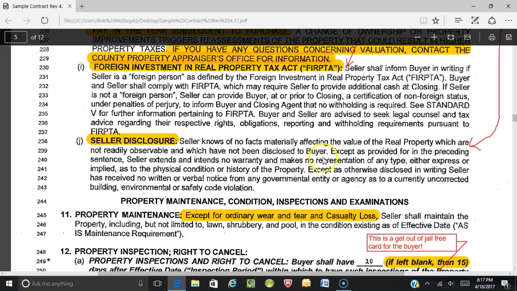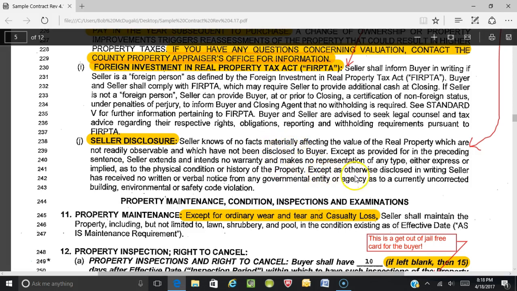That means this: hey, look, I can't tell you how things are going to go in the future, and I make no warranty. However, if I know of things that materially affect the value, like the roof leaks or the AC was patched up yesterday, or there was a sinkhole in the middle of the living room 3 weeks ago, all those things negatively or materially affect the value of the property, and they need to be disclosed.